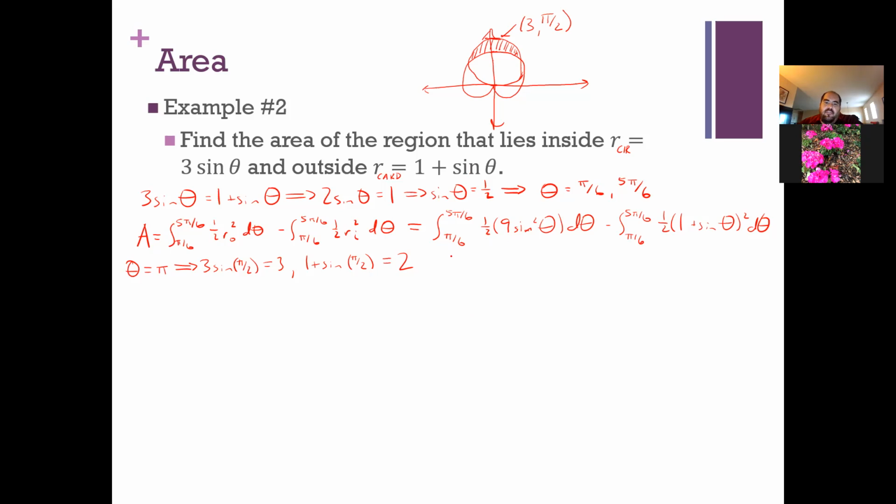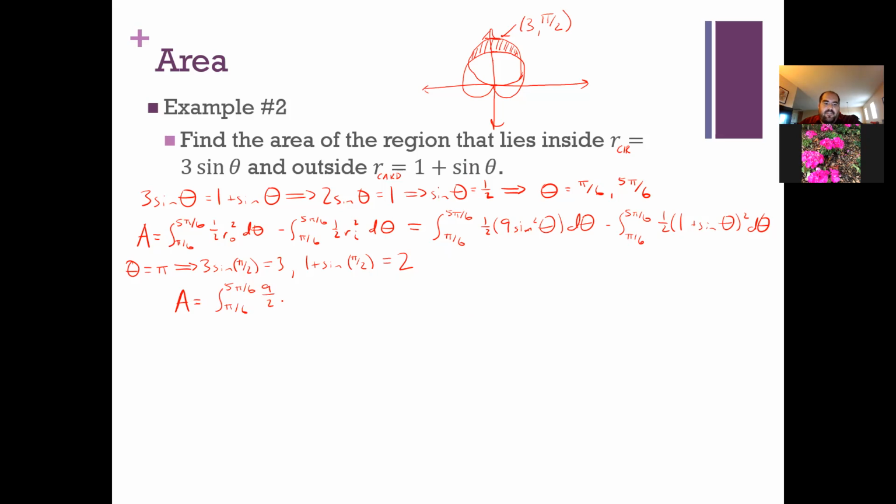All right, good question. Are we okay with the setup here? One thing I can do, and maybe some of you noticed that this was possible or wondered if it was possible, is bring these together into a common integral. So I'll go ahead and do that now.